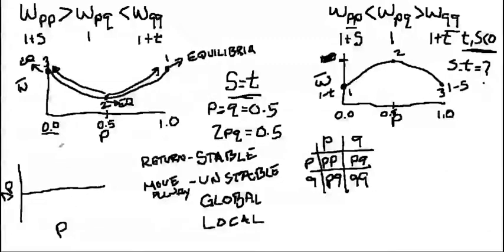Well, we said we had 3 equilibria points, and those are, in this instance, where we have 0, 1.0, and 0.5 as our frequencies. Now, we know we're at an equilibrium when things are not changing. So by definition, if we're at an equilibrium, delta P must be 0.